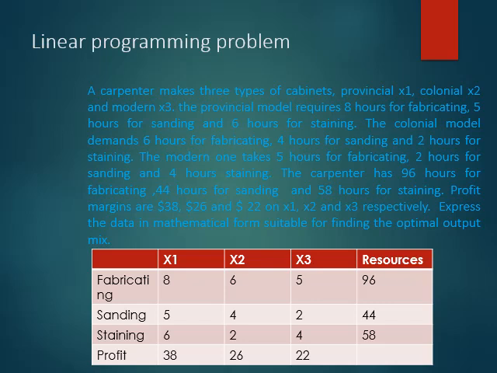For example, for fabricating, the plant has only 96, for sanding only 44 hours, and for staining only 58 hours. According to this information, we are going to formulate the linear programming problem for example 5.